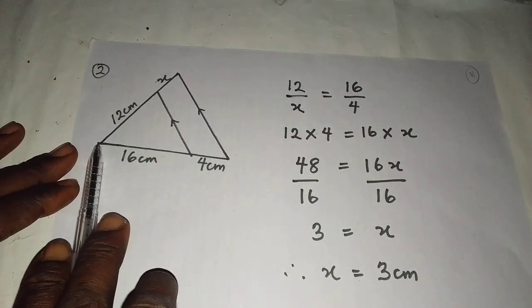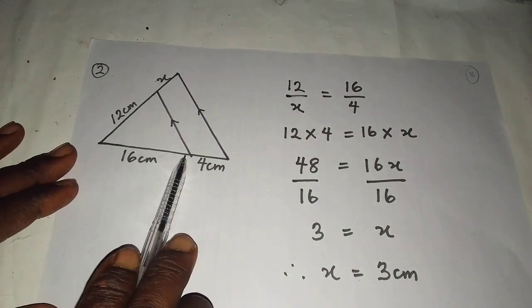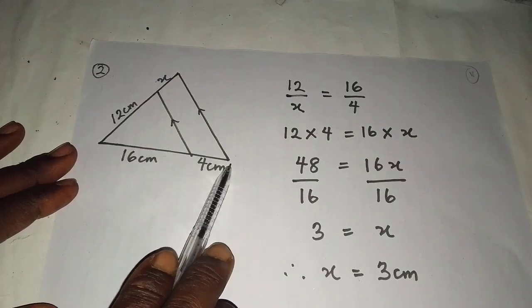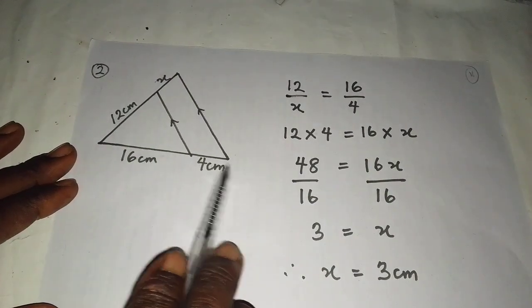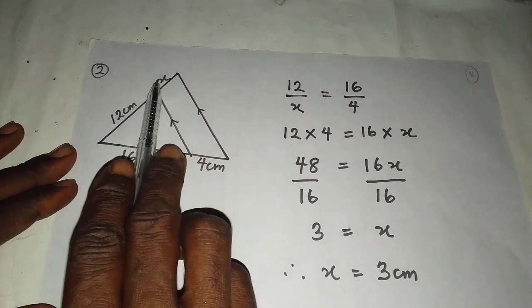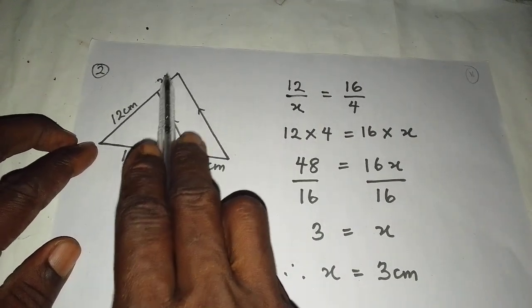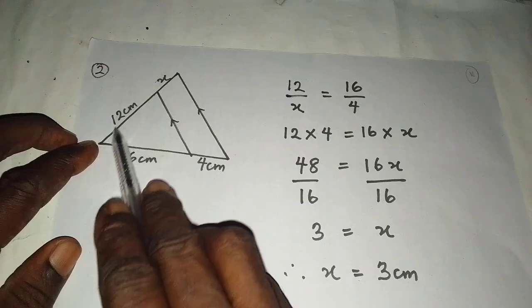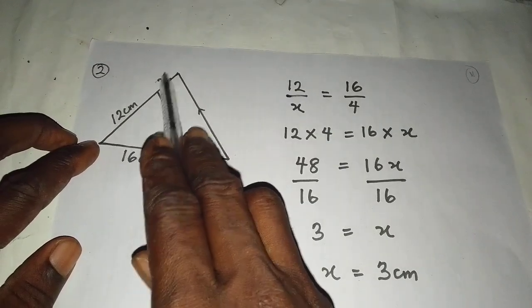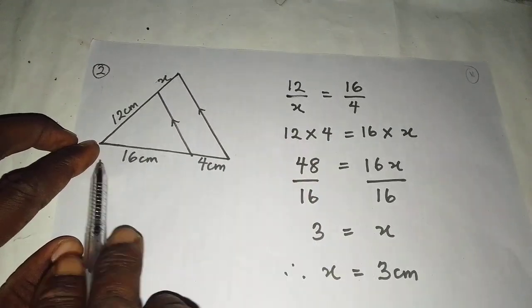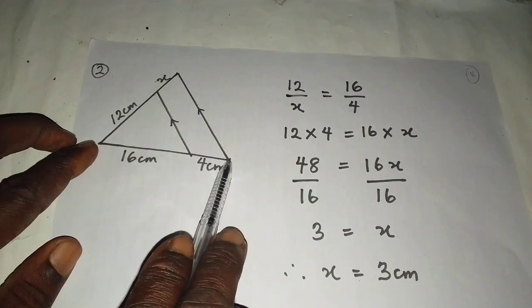So that means we have 16 over 4 is equal to 12 over x. Or you can say 12 over x is equal to 16 over 4.